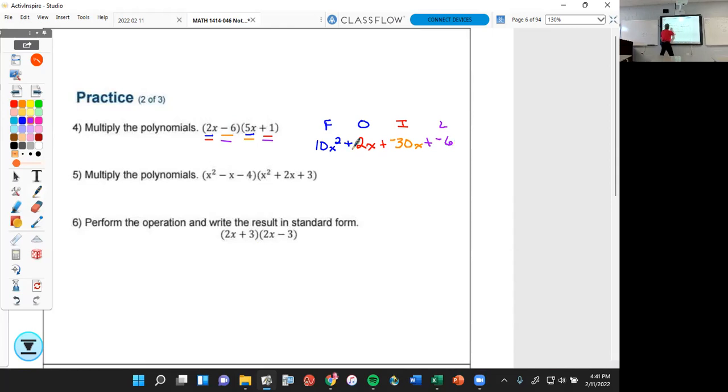And again, typically when you're doing a problem involving a binomial times a binomial, your middle two terms, if you're using FOIL, are probably going to be like terms, so make sure you combine those. So my final answer in standard form, 10x squared minus 28x minus 6.